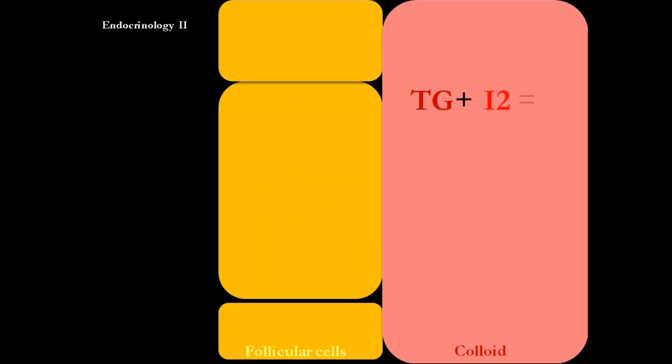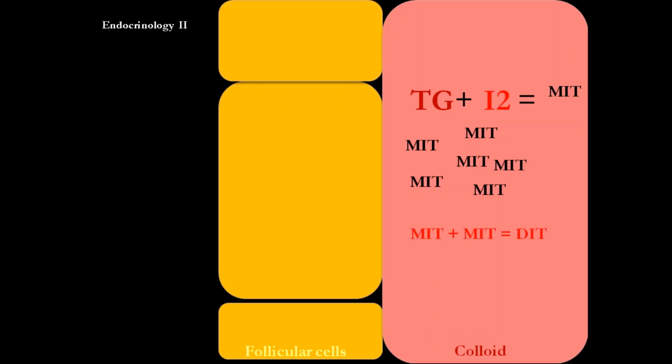They are going to form what we call the MIT, the monoiodotyrosine, or tyrosine, sorry, MIT. Then many MITs appear, and when that happens, MIT plus MIT is DIT. DIT plus MIT is T3. DIT plus DIT is T4. And that is what is going to happen.